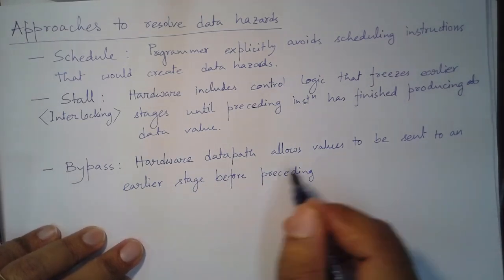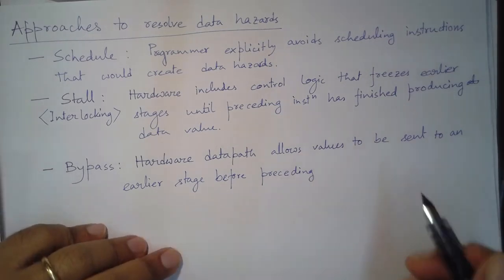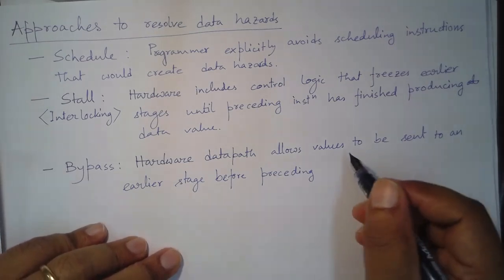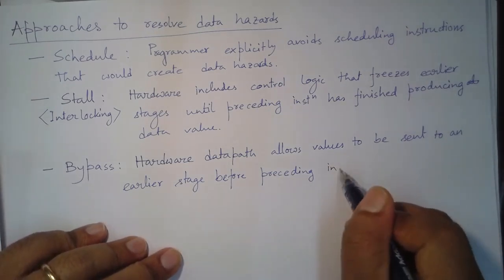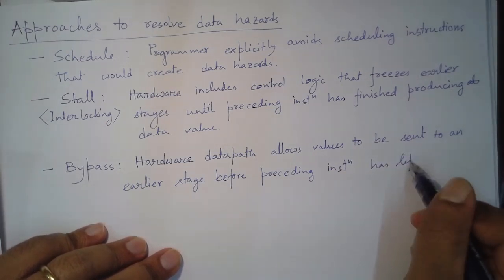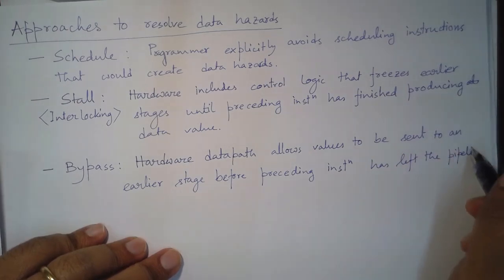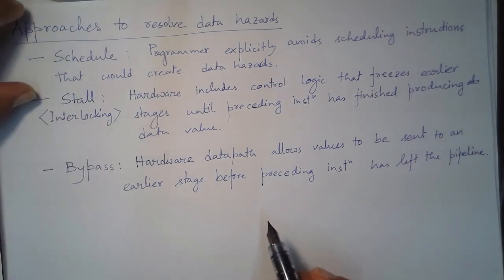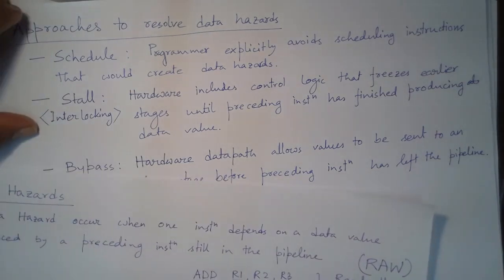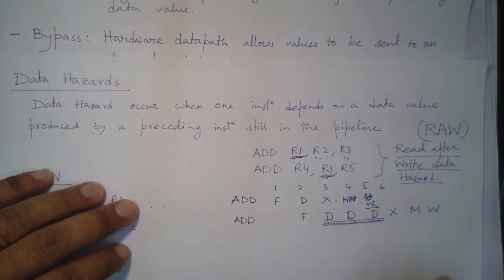So, basically before the instruction is completely executed, you are allowing data to be sent to an earlier stage. Though it is a little verbose, it should make sense completely, because this is what we are doing here when we do bypassing, right.